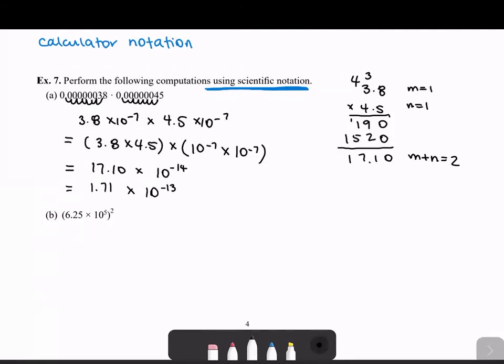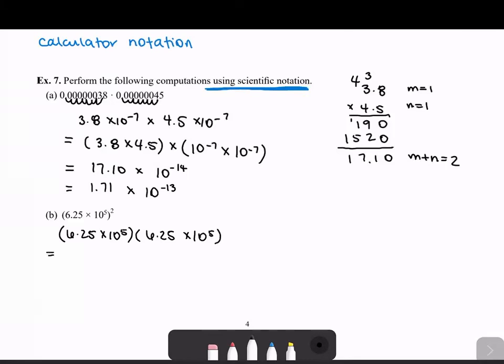So now let's look at B. B is looking at 6.25 times 10 to the 5th squared. So again, we can write this as 6.25 times 10 to the 5th, and then 6.25 times 10 to the 5th.